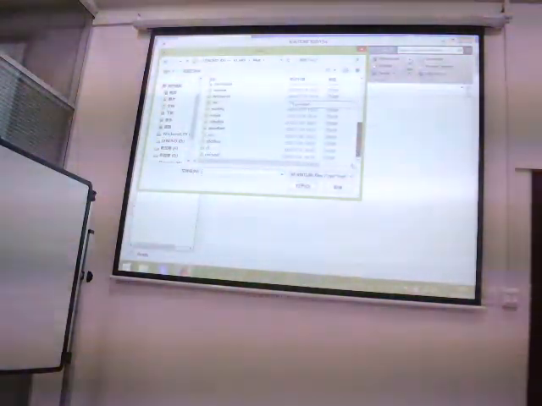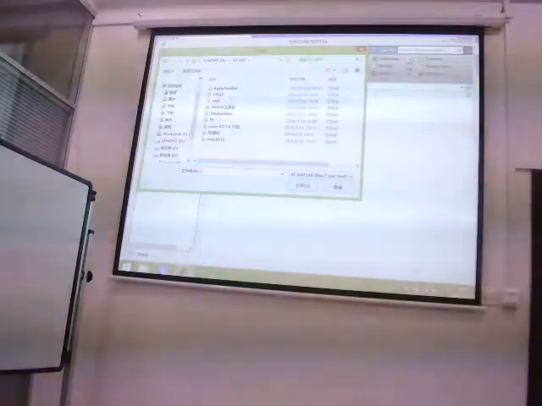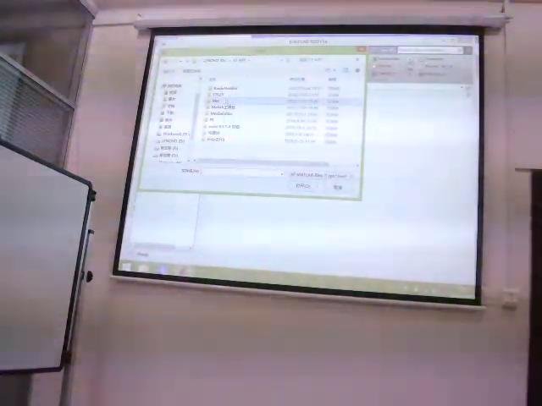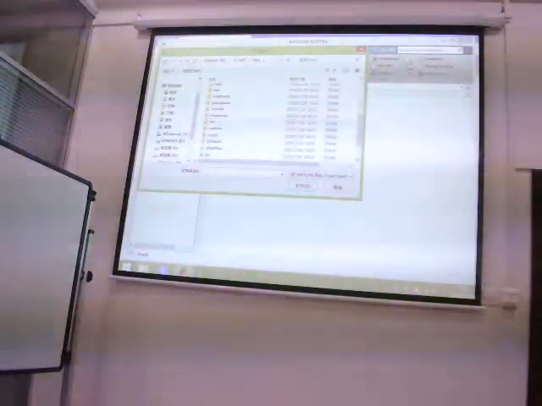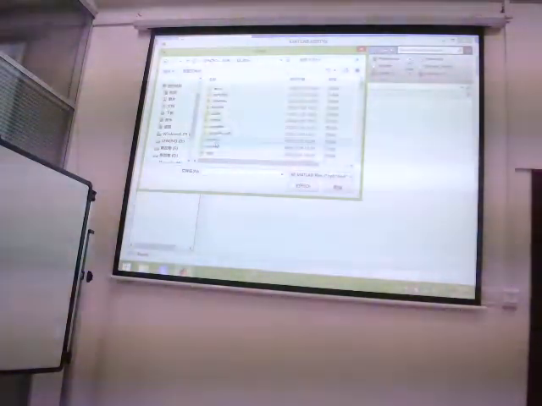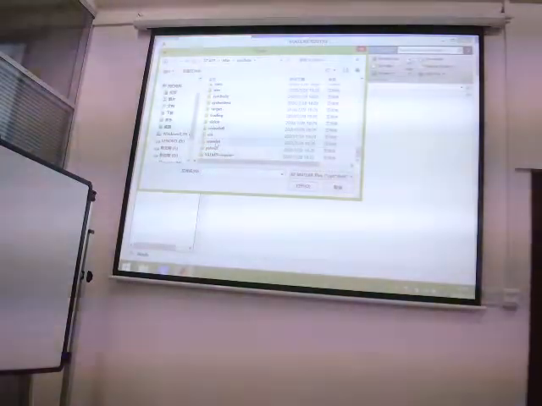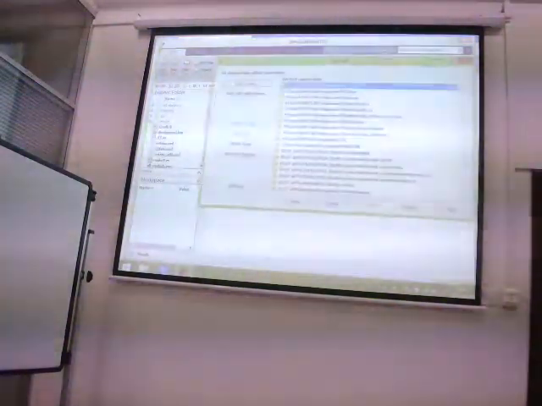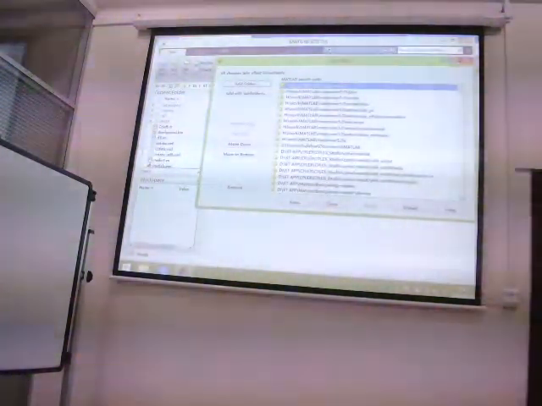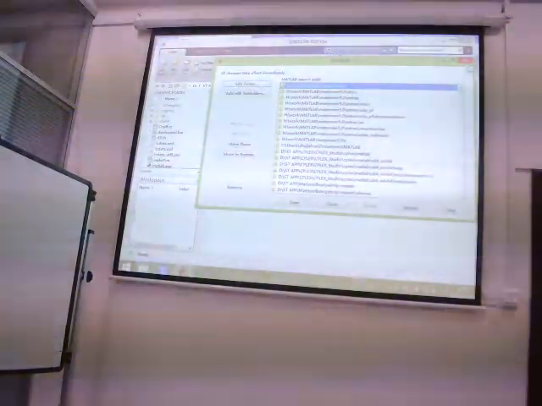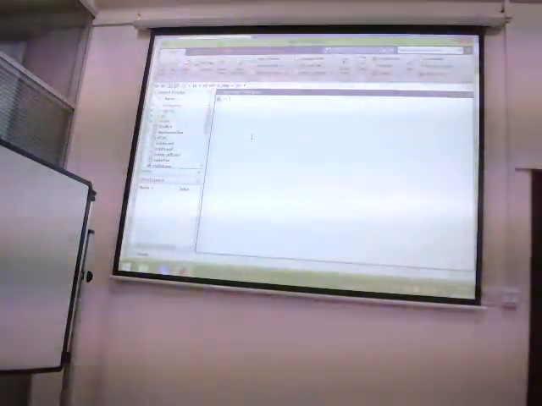Now let me have a look to see if MATPower is installed here. I cannot find it. But you can write the test method: test underscore MATPower.